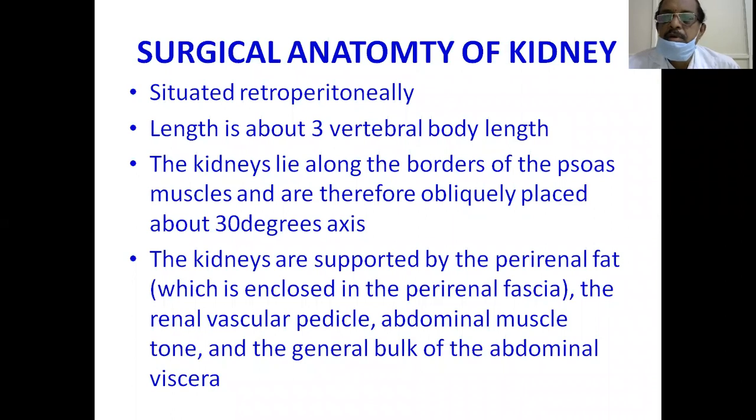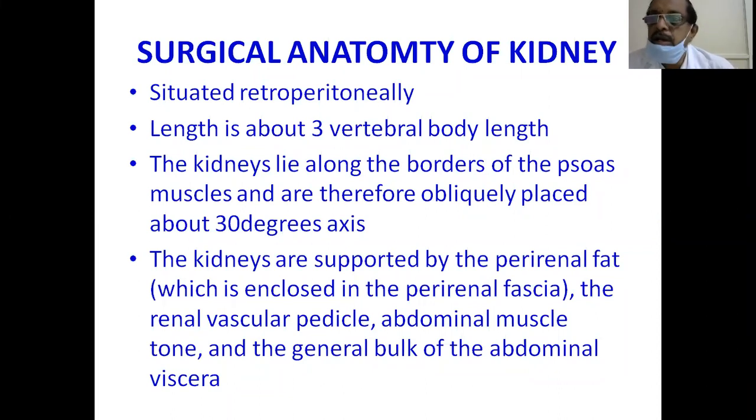An important thing about the kidney is that it has a capsule which is closely applied to the kidney. Then it has the perirenal fat, over which there is a thick fascia called Gerota's fascia. So all these things give protection to the kidney, which prevents the bleeding from going out of the renal trauma.